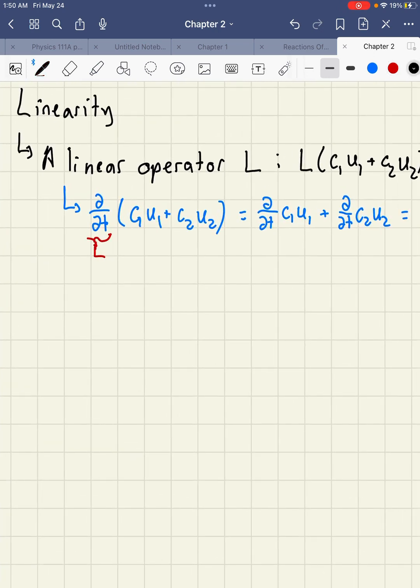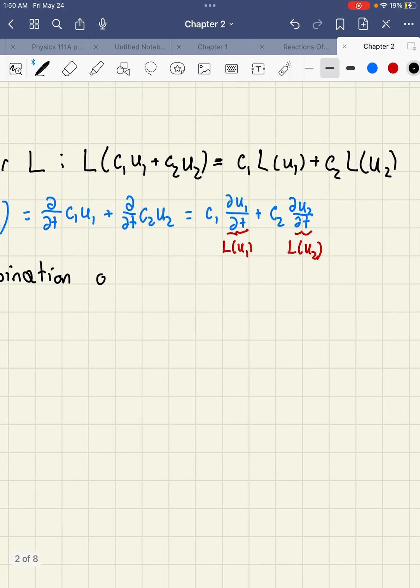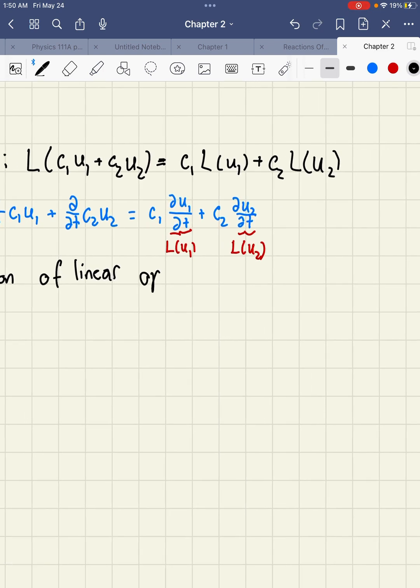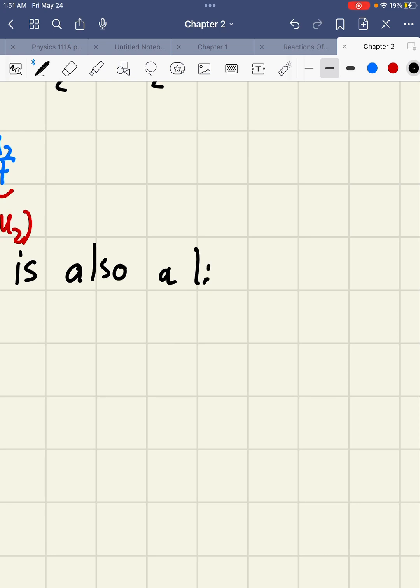Any linear combination of linear operators is also a linear operator.